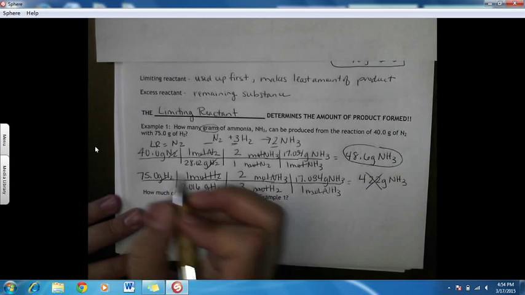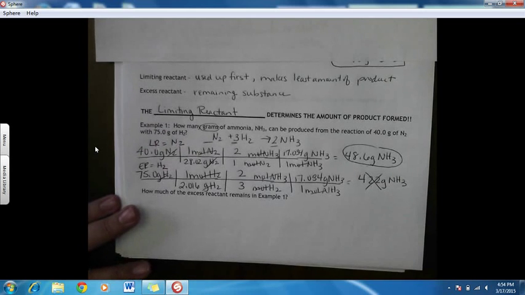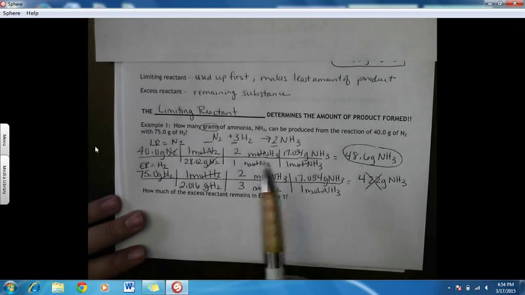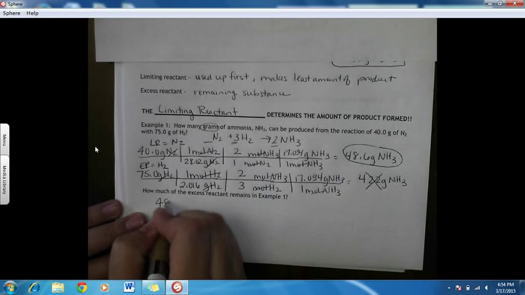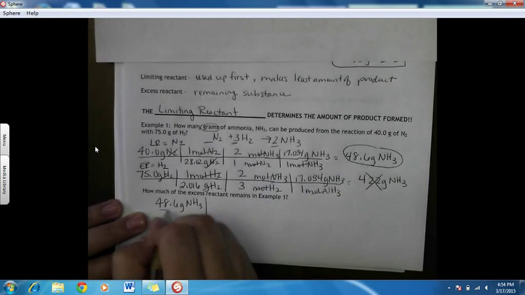So that means that the excess reactant is our hydrogen, because there would be some remaining. Well, how would we be able to determine how much remains of our hydrogen? Well, if we're going to make this much ammonia, we can take our amount of ammonia and convert it back to hydrogen. Right?